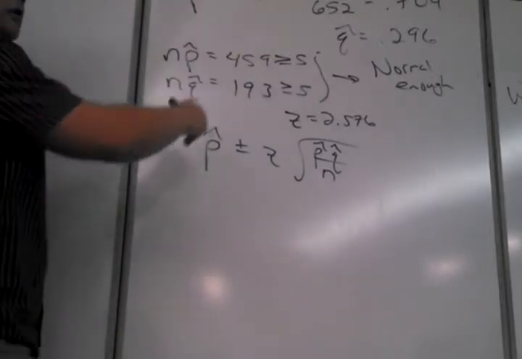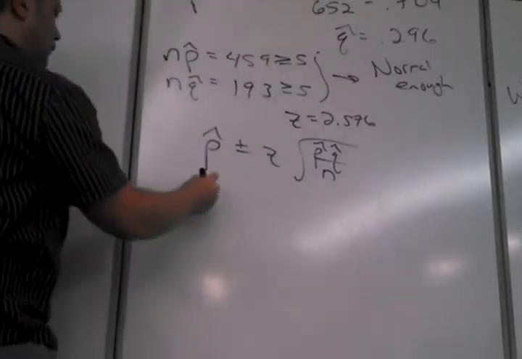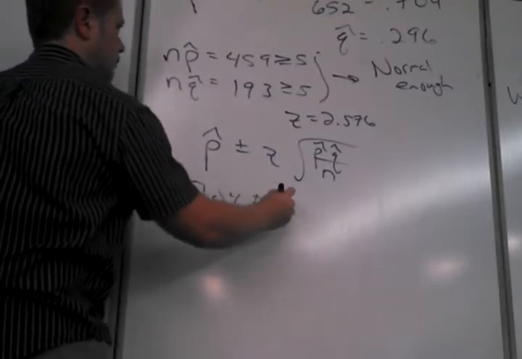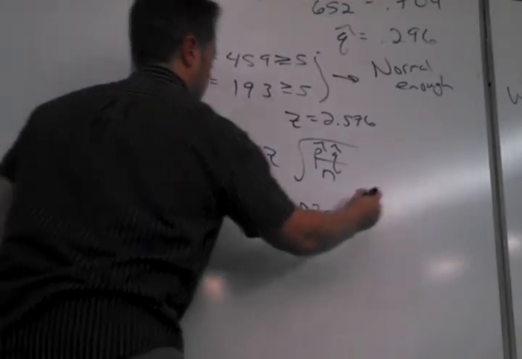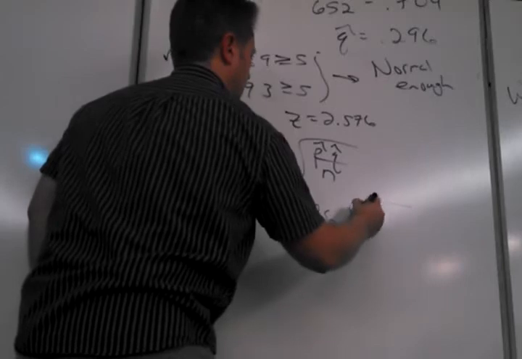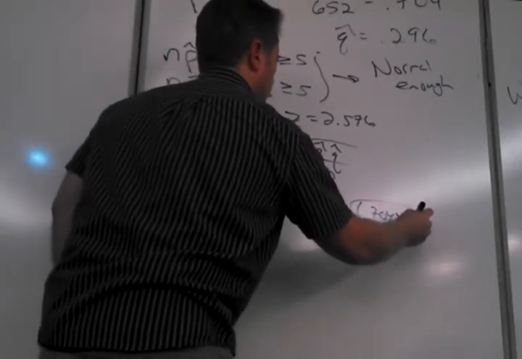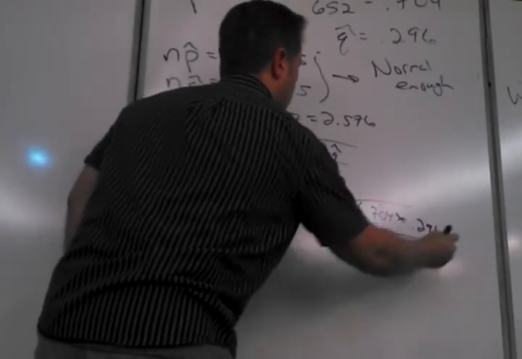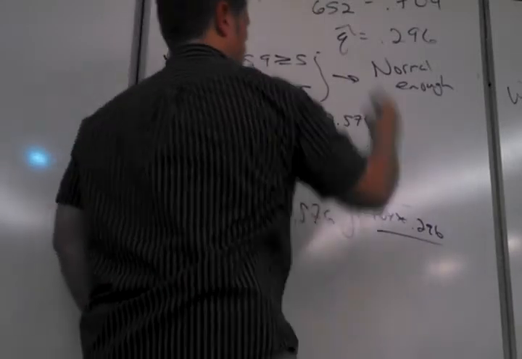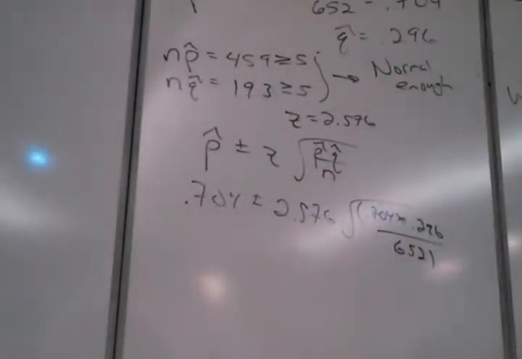So I just plug and chug. p hat is 0.704, give or take, 2.576 times this. Be careful here: n is 652.